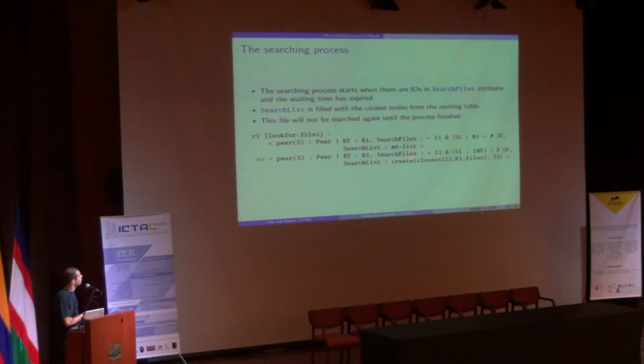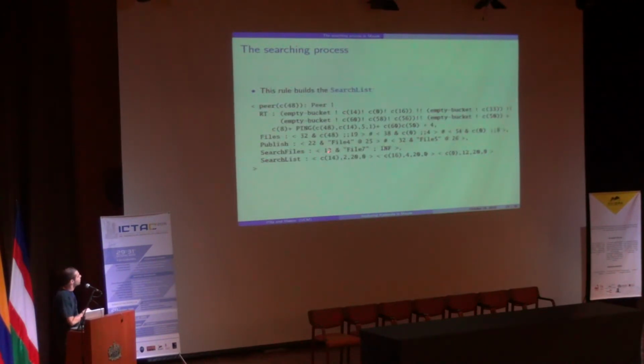This is how rewrite rules are written in Maude. On the left-hand side we have a pattern saying that the timeout of this file has reached 0 and we have the empty list for the search list. We create the search list by using equations, and we obtain something like this.